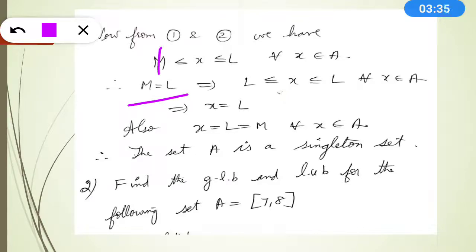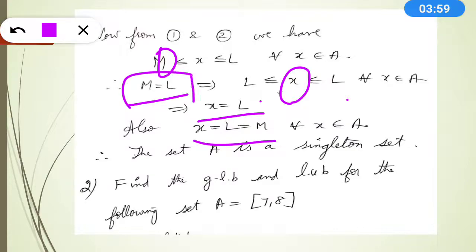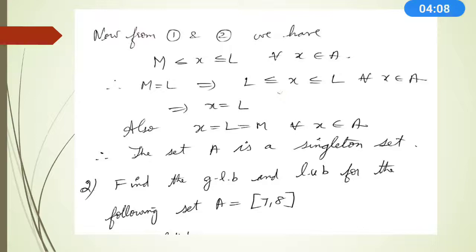That means I can replace M by L itself, and so x is equal to L. We have an element x which is less than or equal to L as well as greater than or equal to L, so obviously both are equal. Combining these, we get x is equal to L is equal to M. That means the set A is a singleton set. It will have only one element.